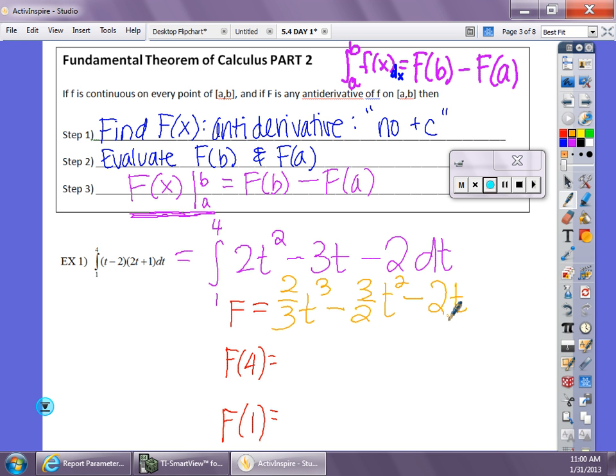So the best way to do this is right now put the antiderivative into y1. Press y equals, put that in. Because now you're going to come to the home screen and you're going to do y1 of 4 and then y1 of 1. And it will be much faster than the rest of you who are probably trying to substitute in 4 on your blank screen and then redo the whole thing with 1.